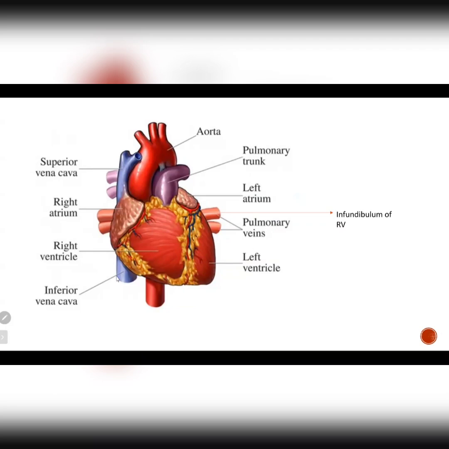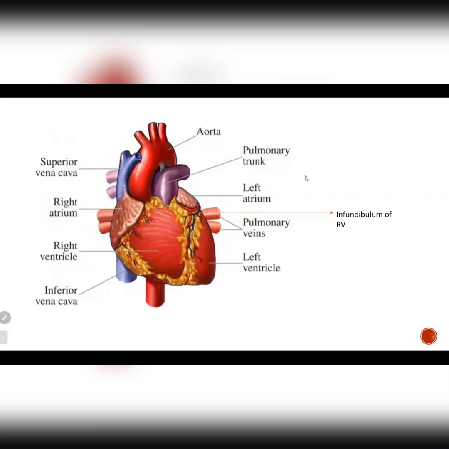You can see it clearly. The right border has the veins mainly, whereas towards the left aspect, if you imagine the left lung here, you can see there is the aorta and its branches. So towards the left will be the arteries and towards the right are the veins.